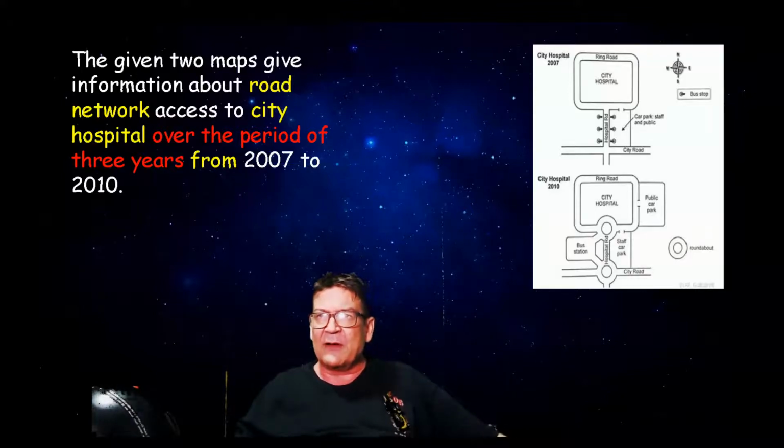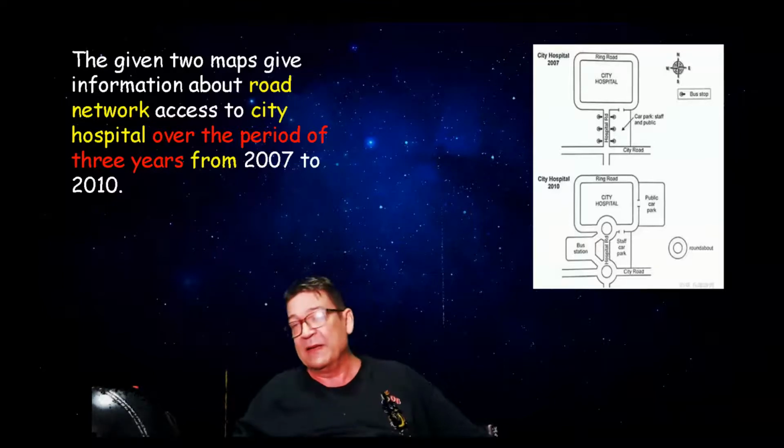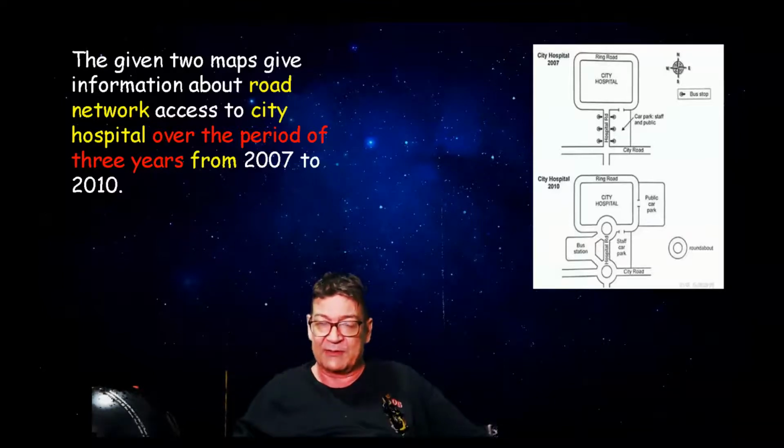But it's not over a period, because you've only got the beginning and the ending with nothing in the middle. So that should say access to City Hospital in 2007 and 2010. Beginning in 2007, ending in 2010. Nothing in between.